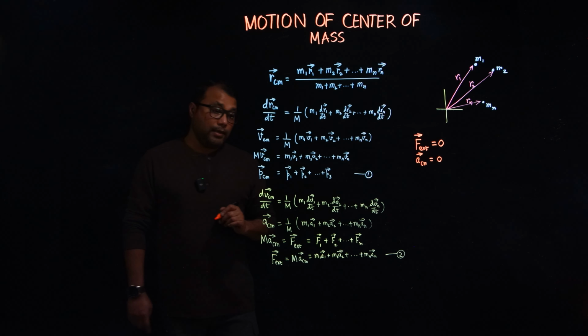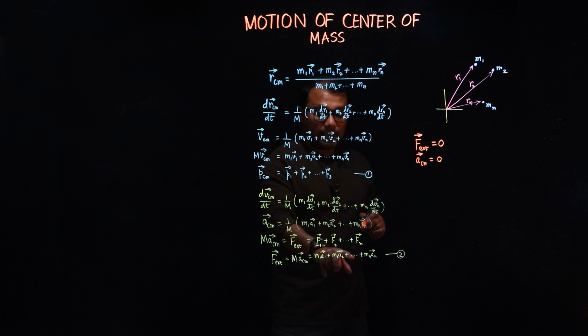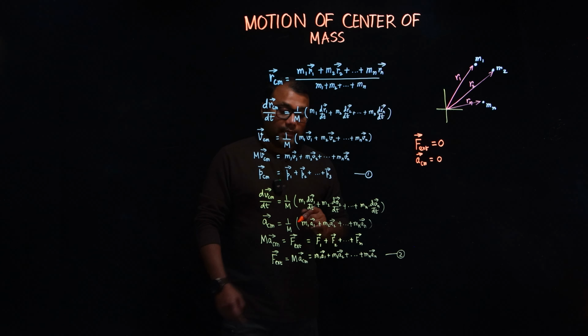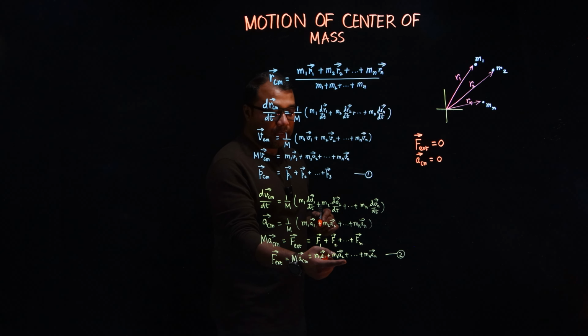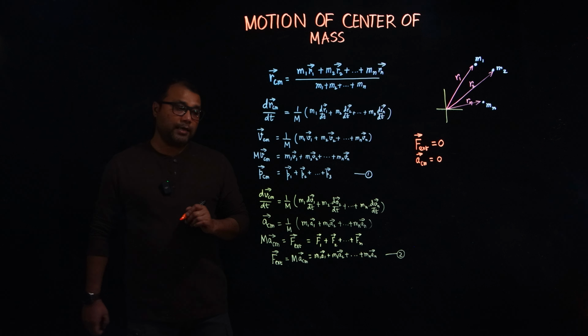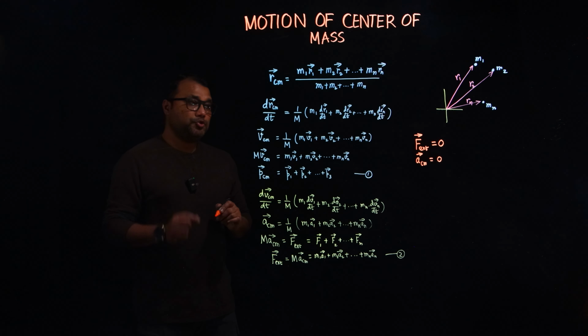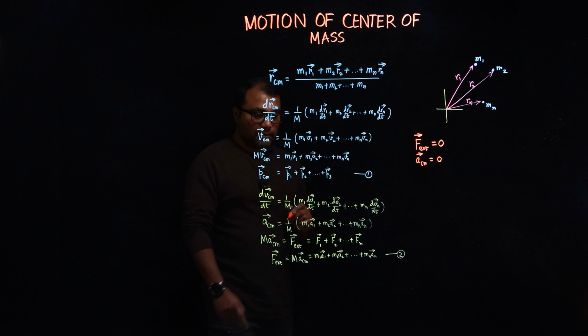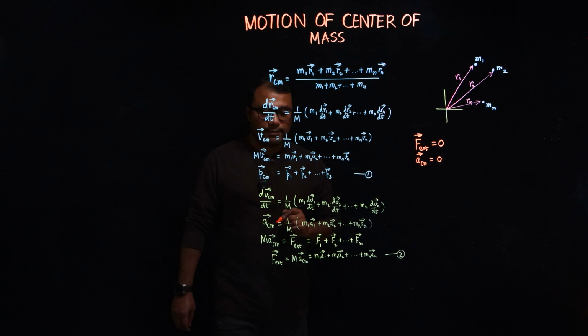Okay. It does not mean A1, A2, An all of these must be 0. Okay. The vector summation of M1A1, M2A2, MnAn is 0, but individually A1, A2, An may not be 0. Okay. Very important thing to realize here.